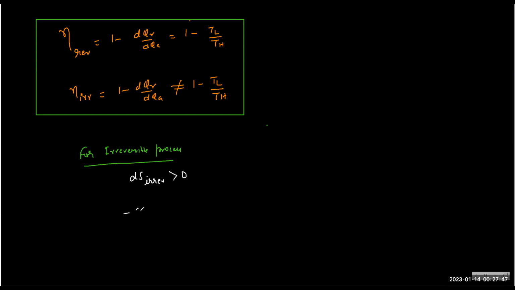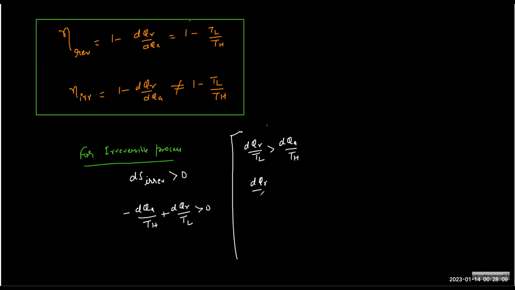And therefore, we can say that dQa upon TH plus dQr upon TL is positive. So you can see that here dQr by TL is more than dQa by TH. So dQr upon dQa is more than TL by TH.